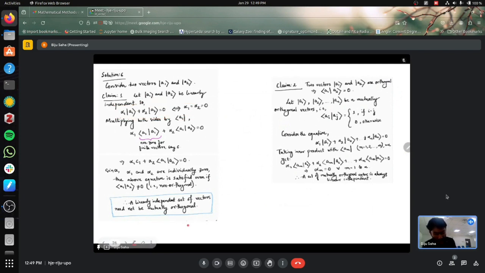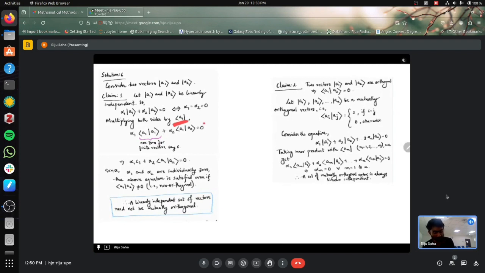So we multiplied both sides with this ket a1. This a1 choice is completely arbitrary; you can start with a2 also. The final step would involve a little change, but it would conclude the same result. So this choice is completely arbitrary, and we multiplied both sides with this ket a1.